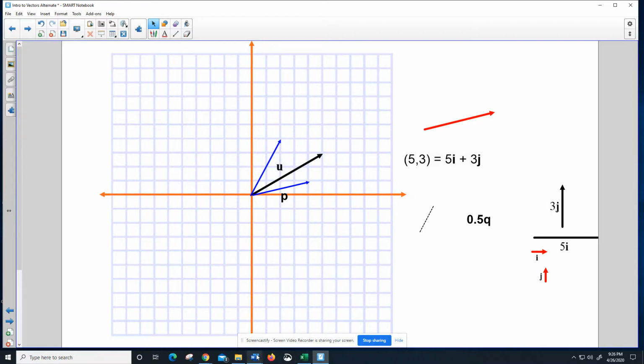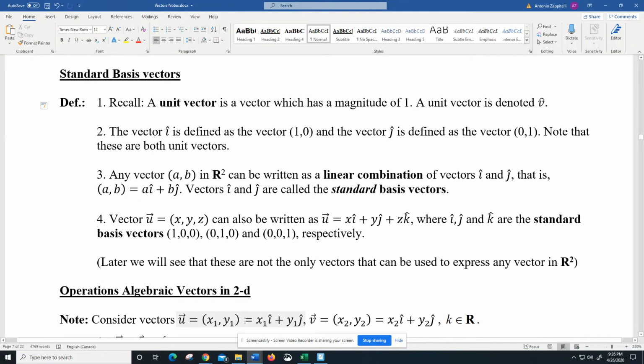All right, so let's take a quick look at the notes here to recall. So here we have these standard basis vectors, i and j. Okay, so in 2D, they would be 1, 0 for i and 0, 1 for j. You can also do this in 3D, but we're going to end up needing it in 2D more than anything.